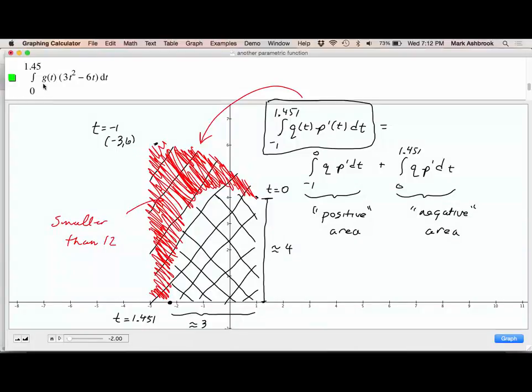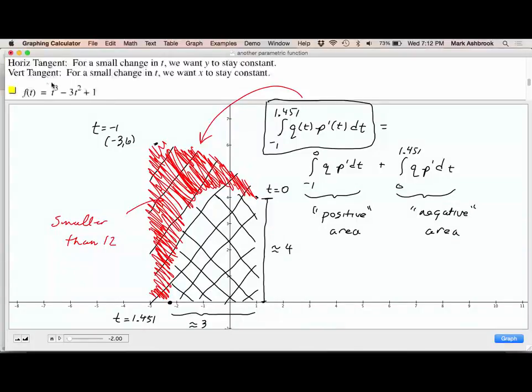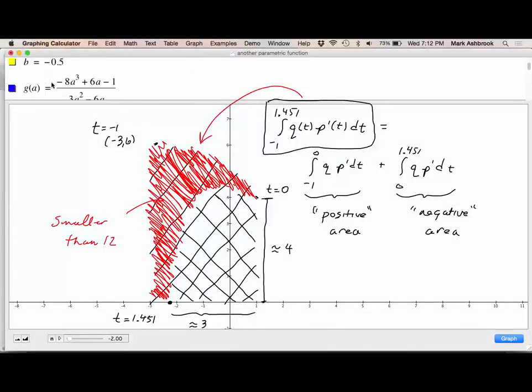Is this my Q function? What's G? Oh no, I need to erase that. This is it right here. So from 0 to 1.451 is, there we go. Look at that.